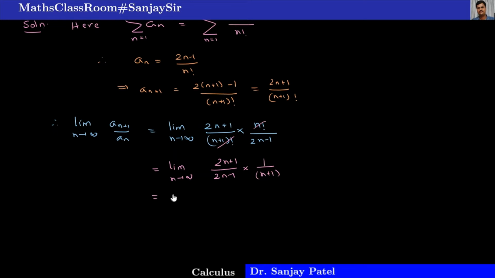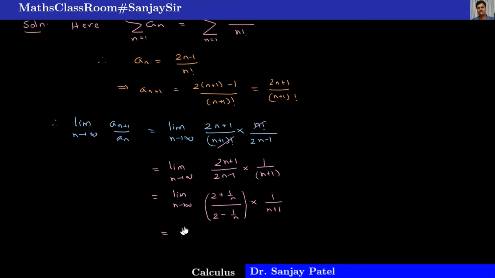So this is equal to the limit as n tends to infinity. We can divide every term in the numerator and denominator by n. So (2 plus 1 upon n) upon (2 minus 1 upon n), and here also I am dividing every term in the denominator by n, so it remains the same thing. This into 1 upon n plus 1 as it is.